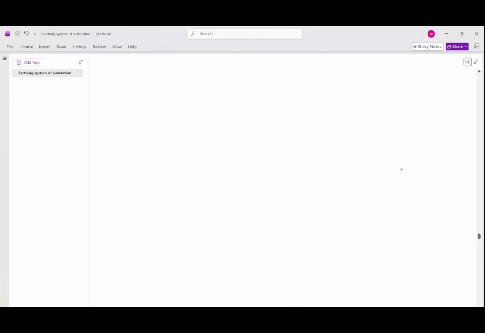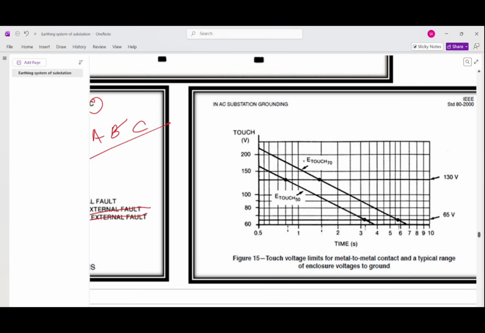In AC substations, here is touch voltage and time is here. This is the touch voltage limit for metal to metal contact and the typical range of enclosure voltages to ground. So E touch 50 and 70.